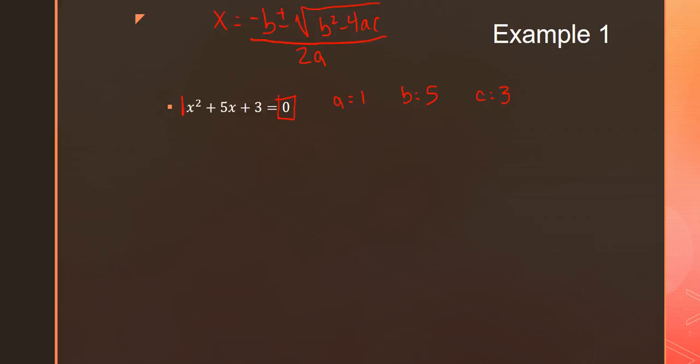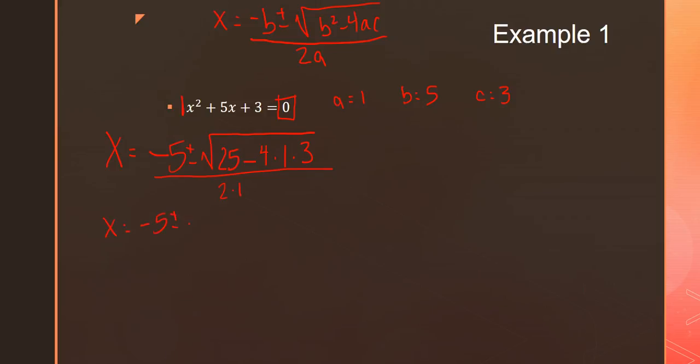Now I can substitute all my numbers in. So x equals negative b, which is negative 5, plus or minus the square root of b squared, well that's 5 squared, and I already know that's 25, so I'm going to write that down, minus 4 times a, which is 1, times c, which is 3, all over 2 times a, or 1.